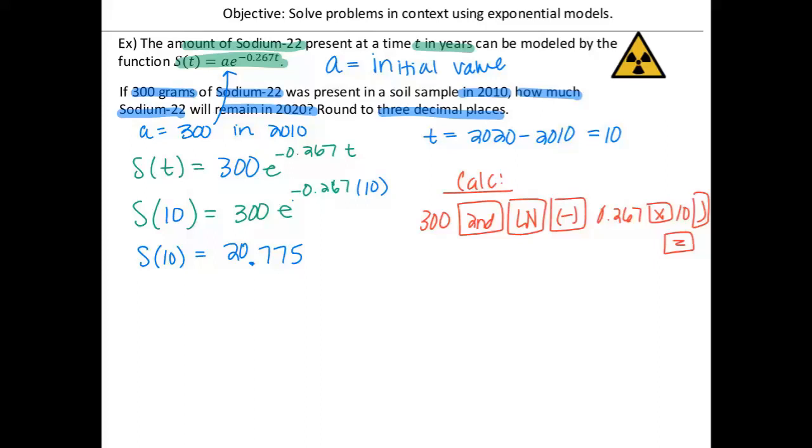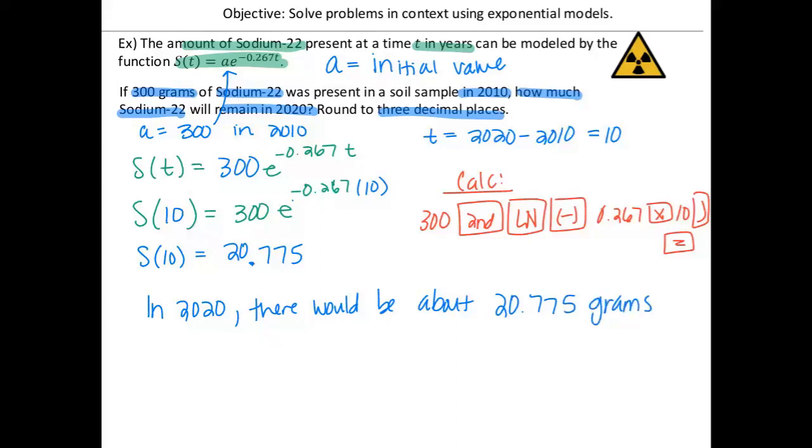You would say in 2020, there would be about 20.775 grams of sodium 22 remaining.